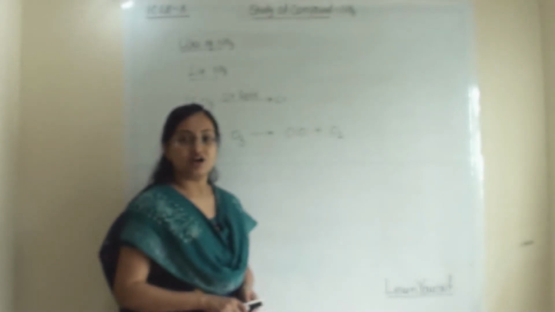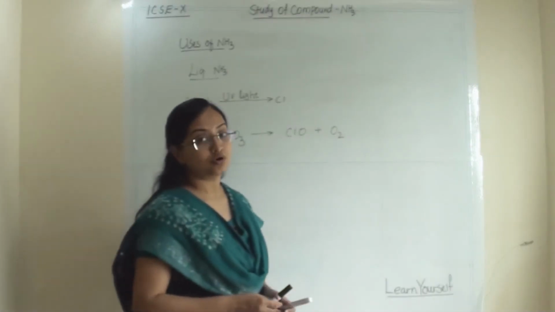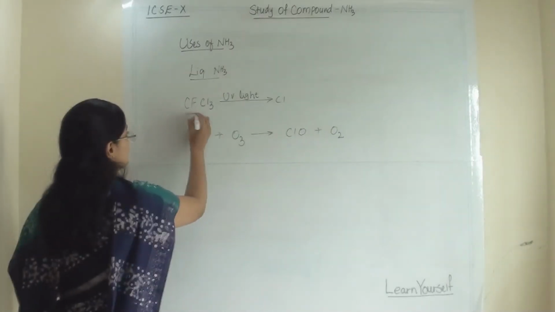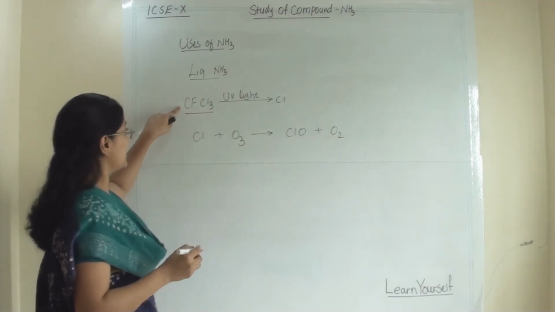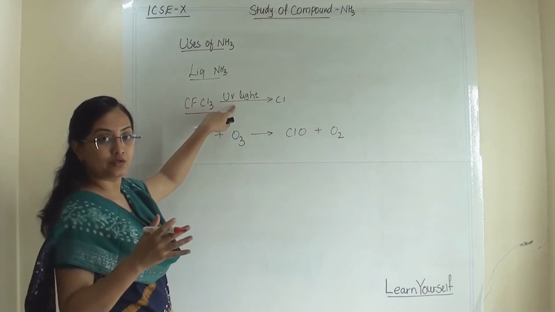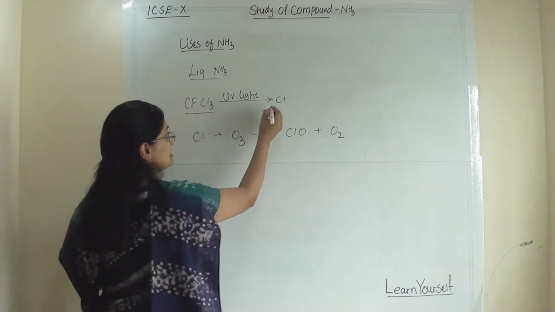Let us see how CFCs are harmful to our ozone layer. This is a molecule of a CFC. Its molecular formula is CFCl3. When it comes in contact with UV light, the chlorine atom detaches from it.